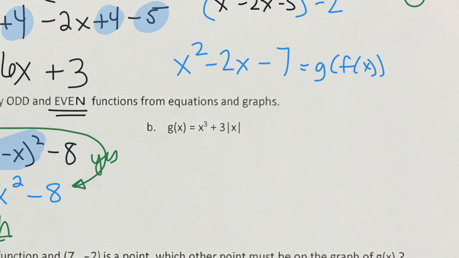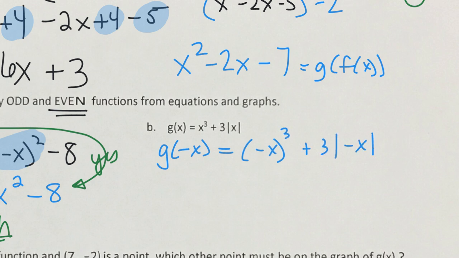So let's do the same thing here. Replace x with negative x and compare it to the original. Negative x to the third power plus 3 times the absolute value of negative x. If you raise a negative to an odd power, that is a negative value.